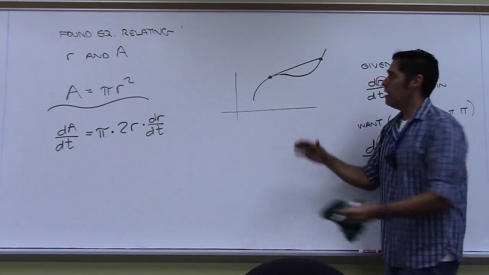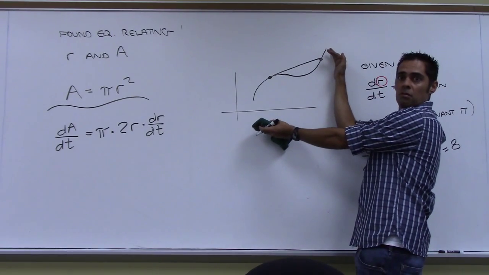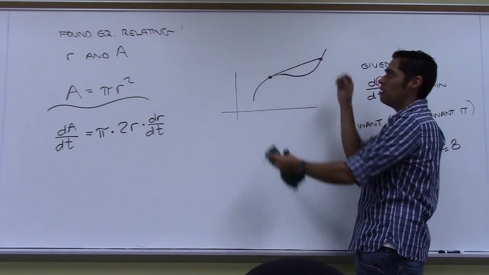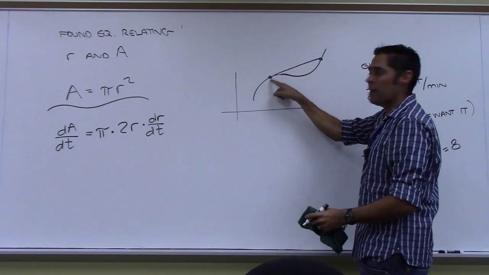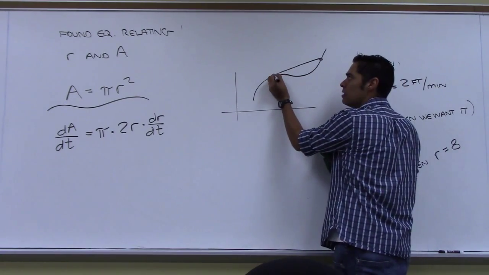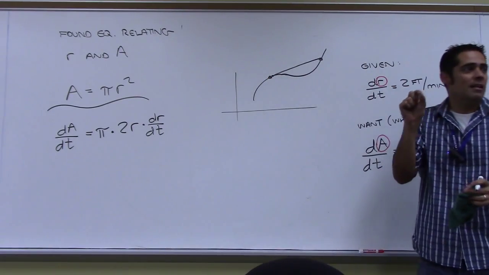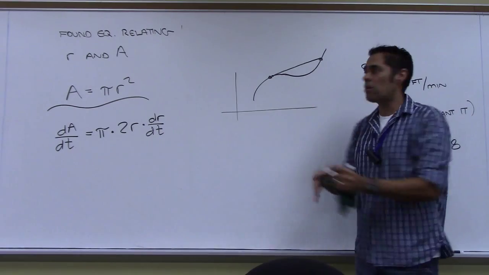That would be like the 8-foot circle and then the 10-foot circle a minute later. The way that we actually find the speed at that point is to slide this point along here, right? And get it how close? Infinitesimally close.